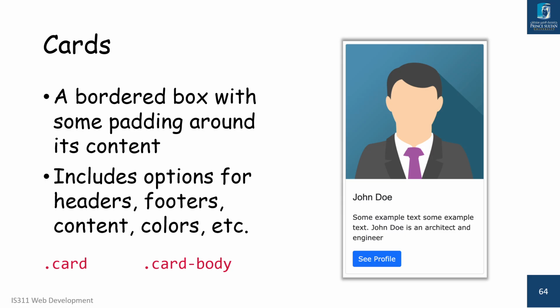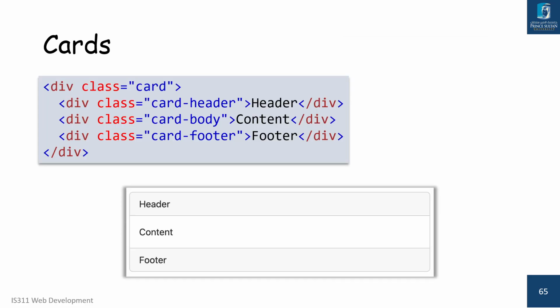So to make the card, we have a dot card class, and then card body. Card represents this whole thing: card body, card head, card bottom, that is, the head and the footer. So we can define everything inside the card.